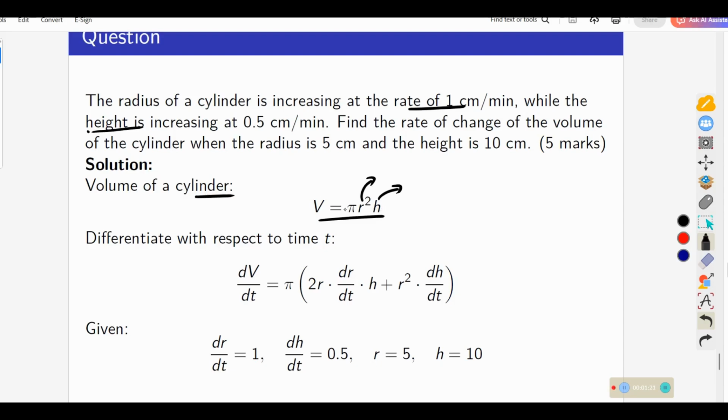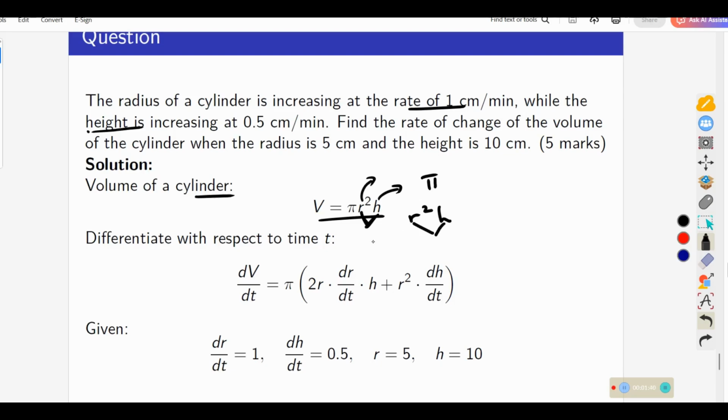Since they are all varying, our dV/dt will be equal to, we shall put the pi out, which is a constant value, and we shall use the product rule. This is a product function because r squared and h are all varying.